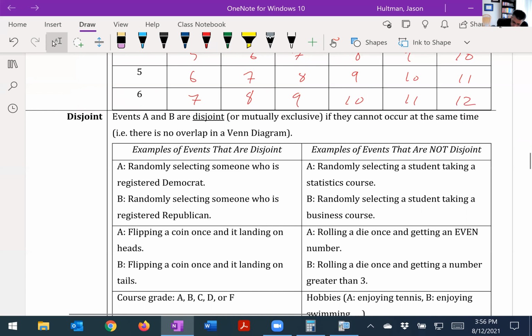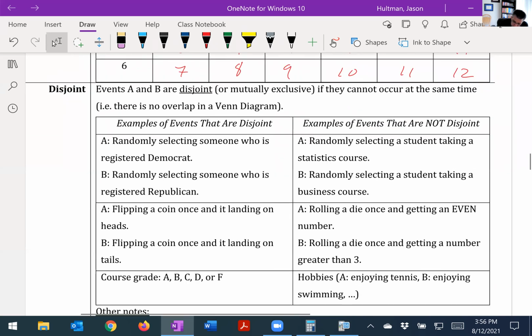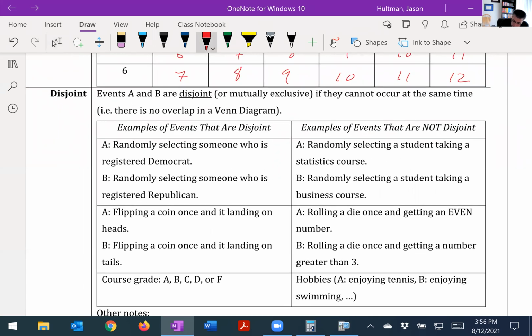Okay, going back to disjoint. Events A and B are disjoint, mutually exclusive, if they cannot occur at the same time. There is no overlap. So that just means that they can't happen at the same time.